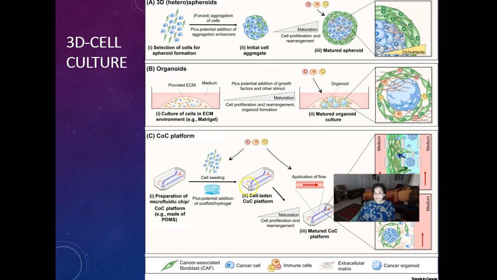You see the cells in combination with a possible scaffolding, extracellular matrix, or hydrogel, something for them to be embedded within. You add the immune cells there to see where they end up, and you allow them to move around within this culture format, as they need to create that culture.